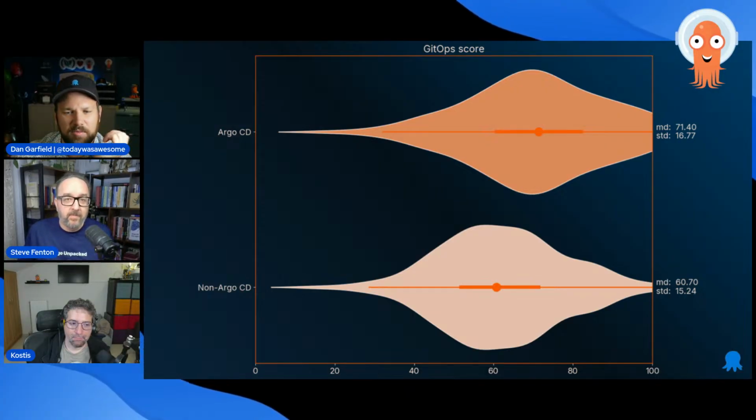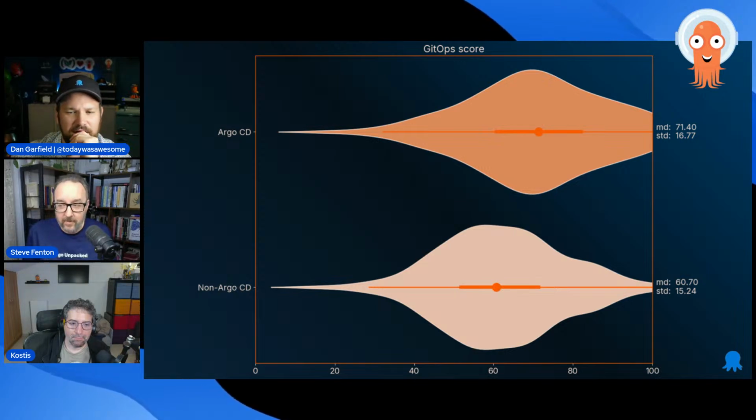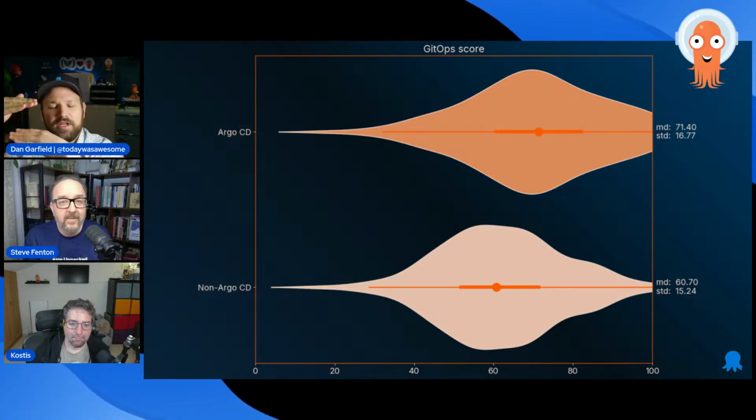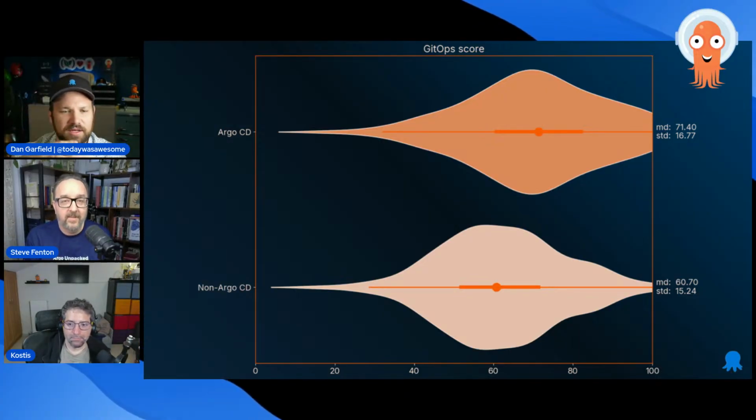Yeah, and almost nobody that's not using Argo CD had 100% on their GitOps score. It's really only the Argo CD users. There's this really fat lead-off from the median of people getting more towards GitOps, whereas in the non-Argo CD group, it gets real skinny real quick.